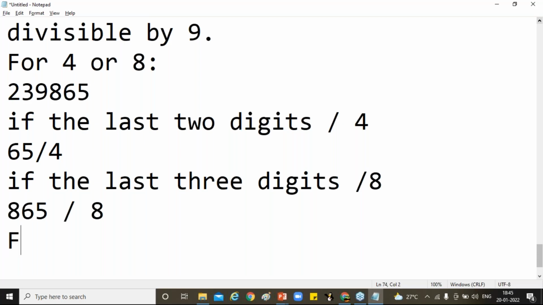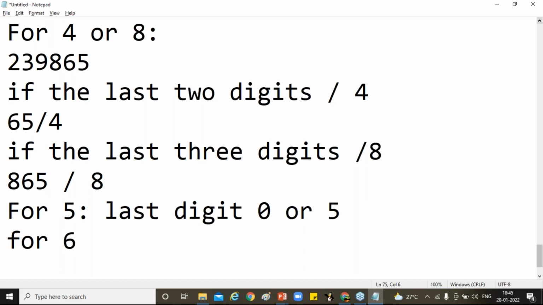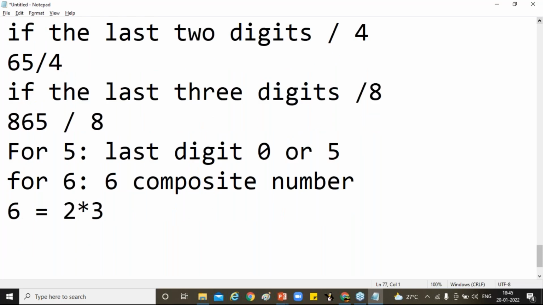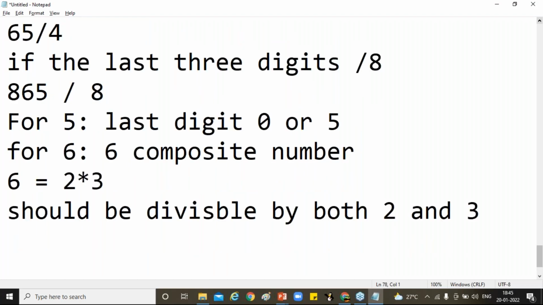So for 5, I hope that everyone knows the last digit should be either 0 or 5. But if you have to go for 6, 6 is a composite number, so we can write 6 as a product of two prime numbers, 2 into 3. It means that the number should be divisible by both 2 and 3.